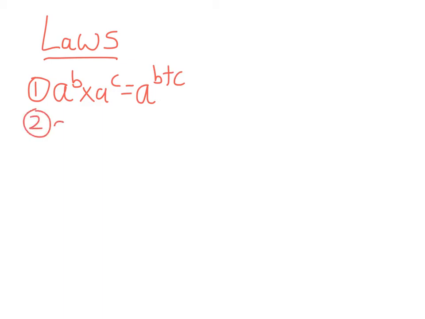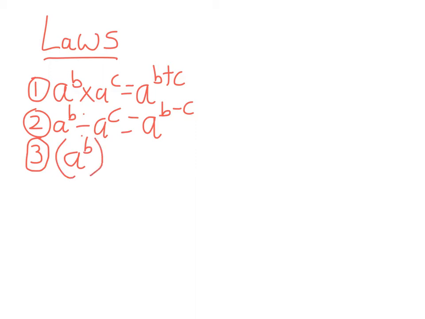The second law: if you divide bases, again you keep the same base, but this time you subtract the indices. The rest of the laws follow in some way from the first 2 laws. Next we have a to the power of b, and we raise it to another power. In that case, keep the same base and multiply the indices.